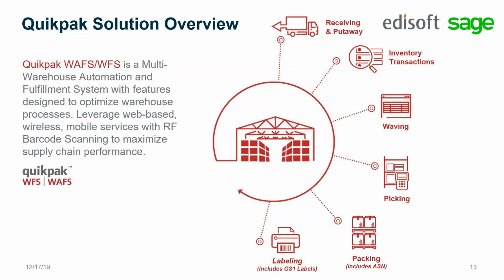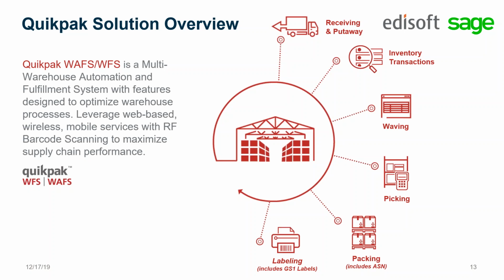We do have labeling functionality available, providing a library of GS1, UCC 128, even packing slips. You can even use our product to print out barcodes where you might be receiving goods that are coming in unbarcoded. So there's a whole host of functionality within Quikpak depending on your business needs, depending on your fulfillment cycles, depending on if you use a 3PL or not, and the list goes on.